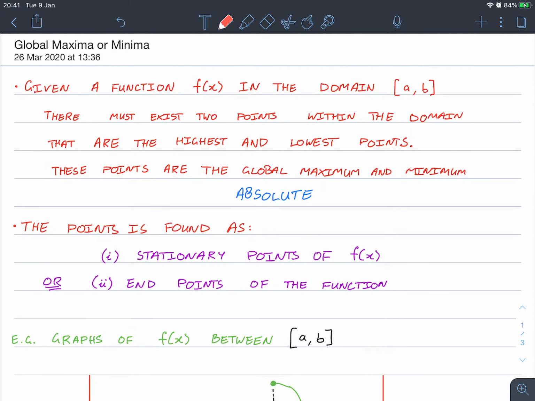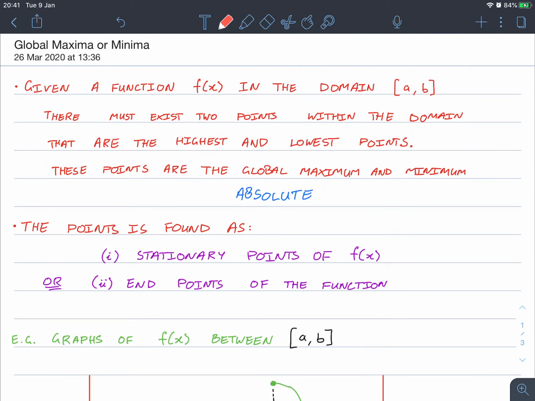And for this, it's actually possible to have 2 global maximums or 2 global minima. So now let's test for any stationary point between this. So f prime of x is going to be, differentiating this, 4 minus 2x. Solving this for 0, we get 4 equals 2x, x is equal to 2.